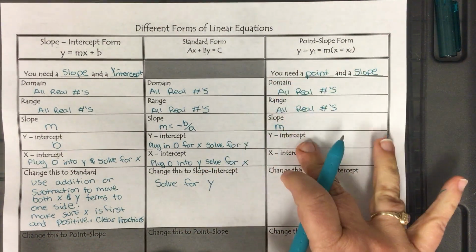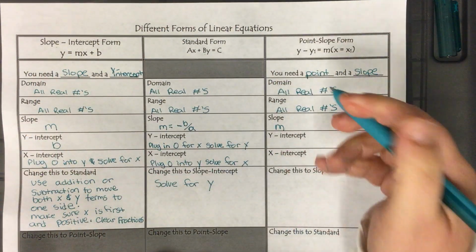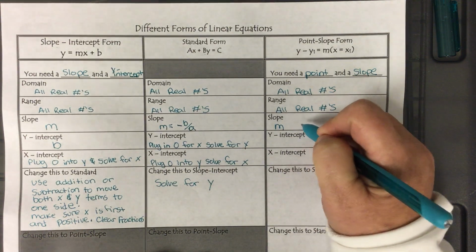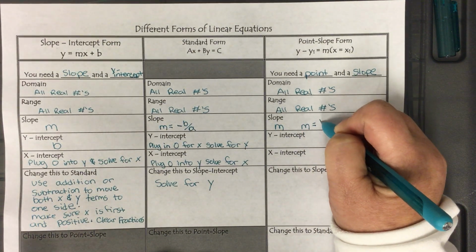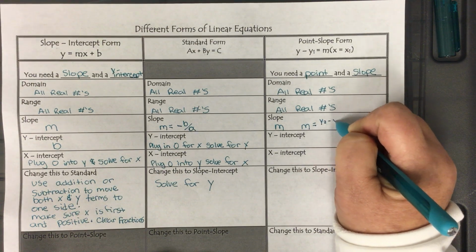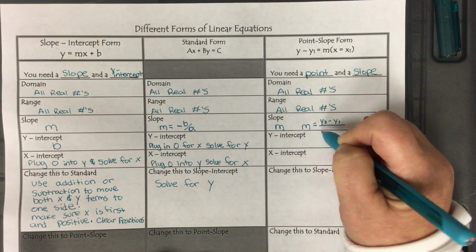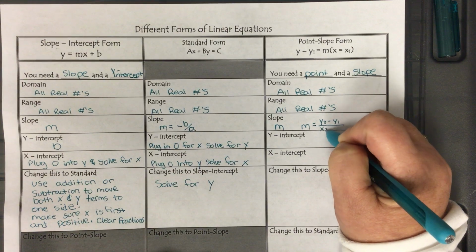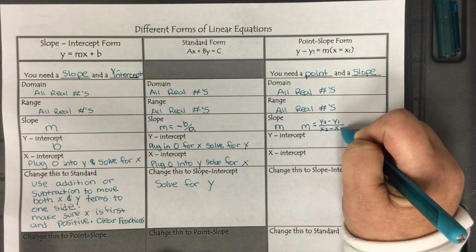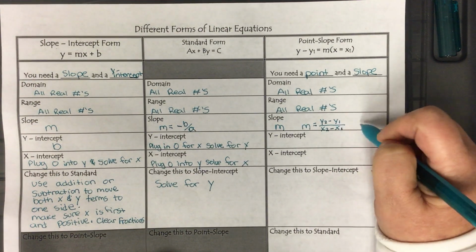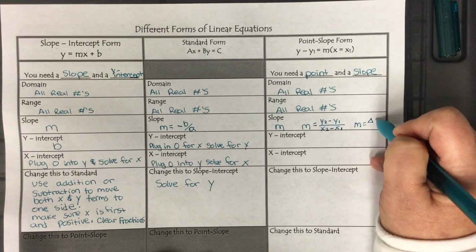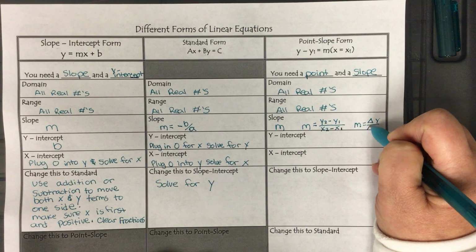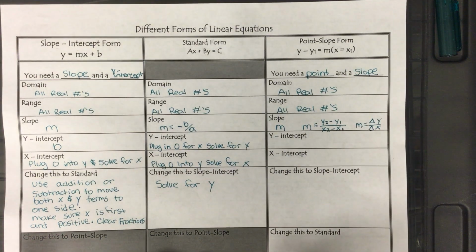If you don't know m, if you have like 2 points, then don't forget that formula that m equals y2 minus y1 over x2 minus x1. Okay? Basically what we're saying is m equals the change in y over the change in x.